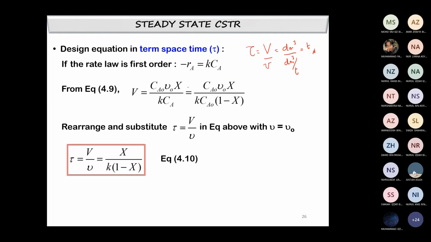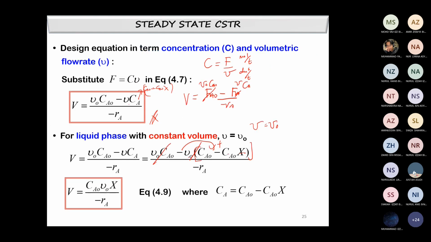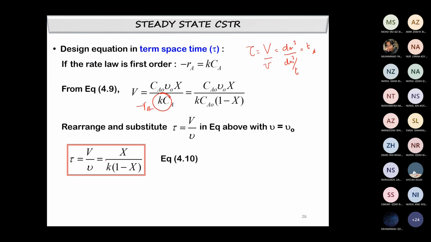So negative Ra is equal to Ca0 V0 X over K Ca. So Ca, you can change it. You substitute negative Ra from before, this equation, equation 4.9.